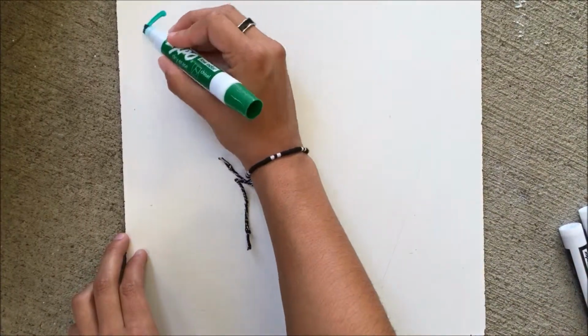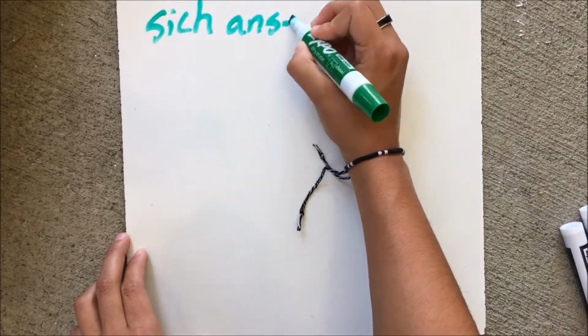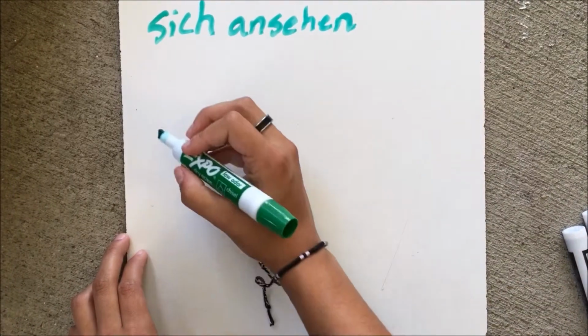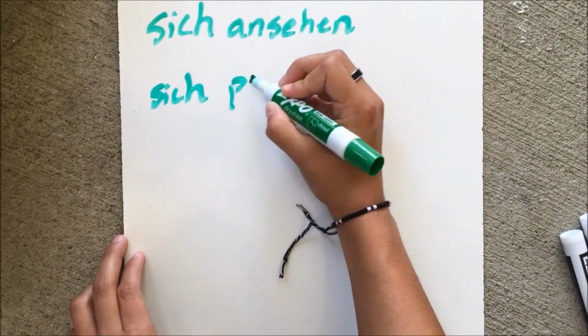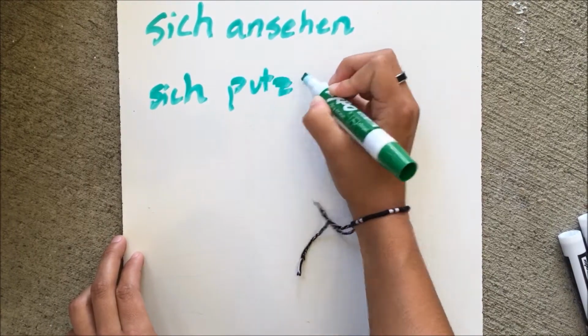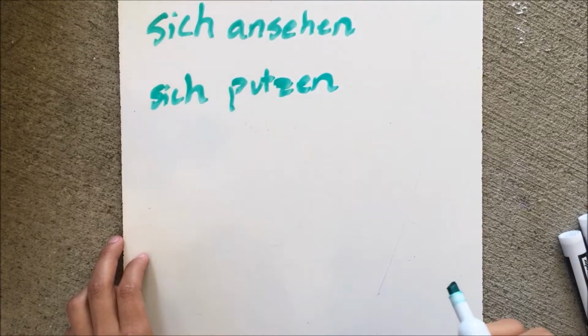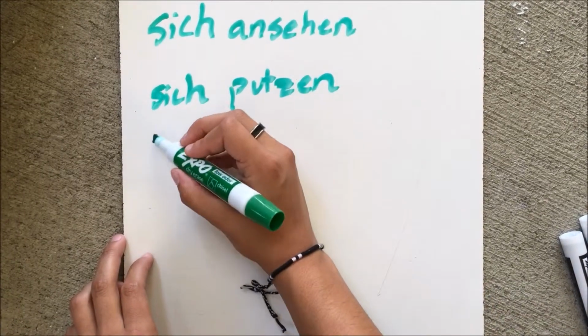Some of the other verbs that you can use are sich ansehen, to look at, sich putzen, which is to clean, often used as to clean teeth, as in to brush your teeth.